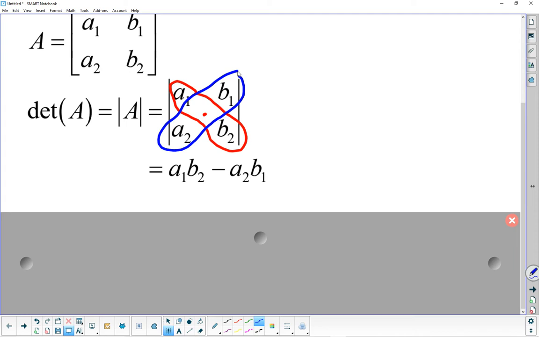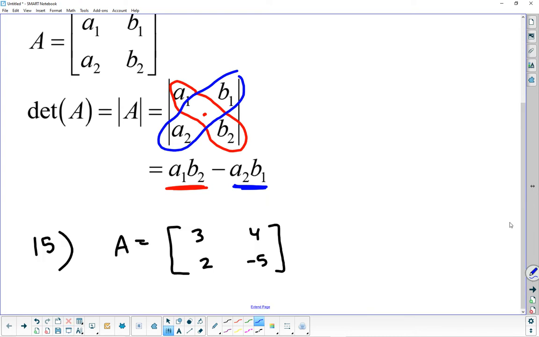So you get the stuff in red, subtract the stuff in blue. This method is called using the cofactors, the major and minor cofactor, but we'll just say this is method 1, using the down diagonal minus the up diagonal.